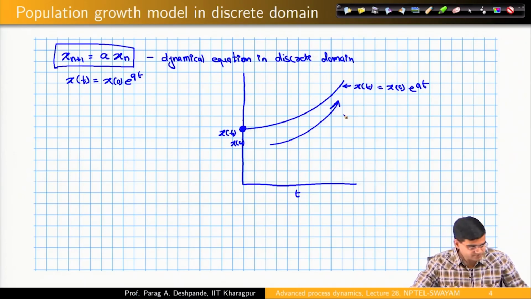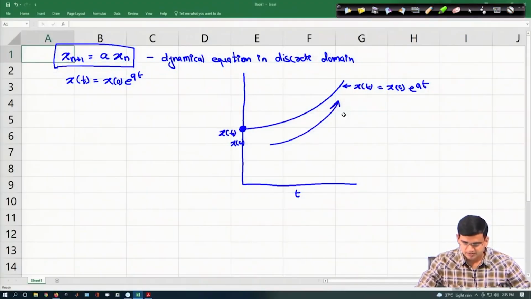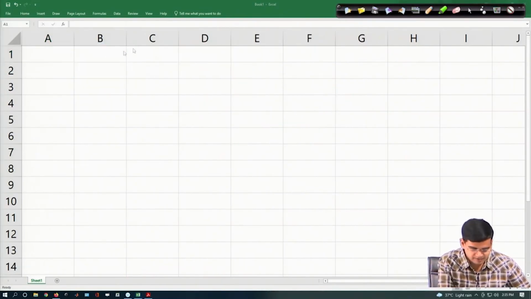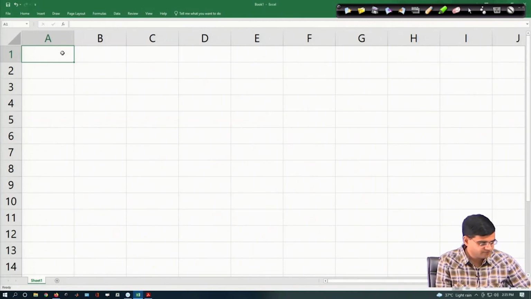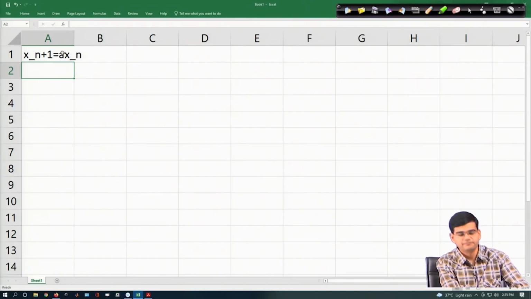So, let me plot this here. So, I have x n plus 1 is equal to a times x n. This is what I want to plot.